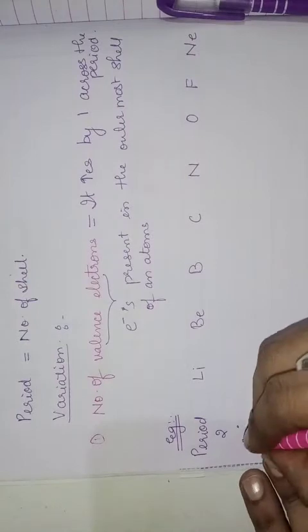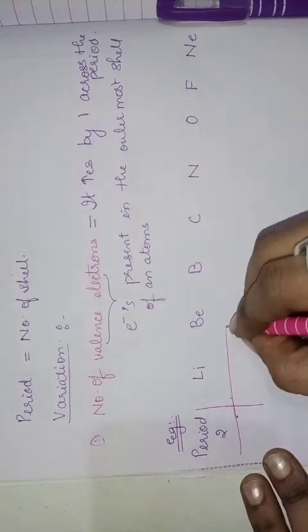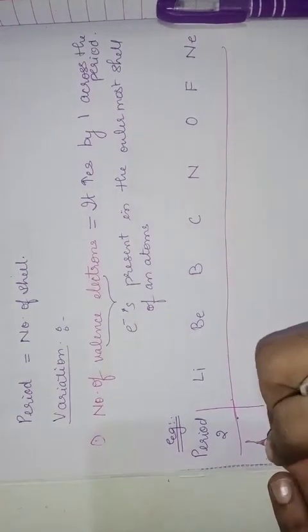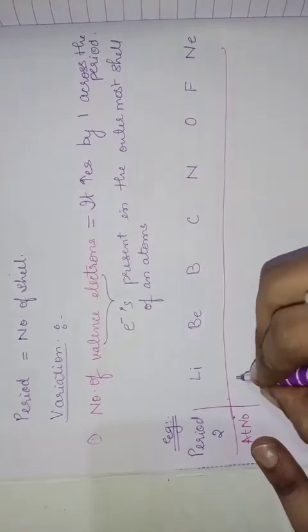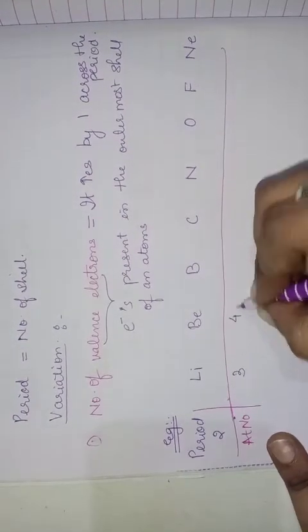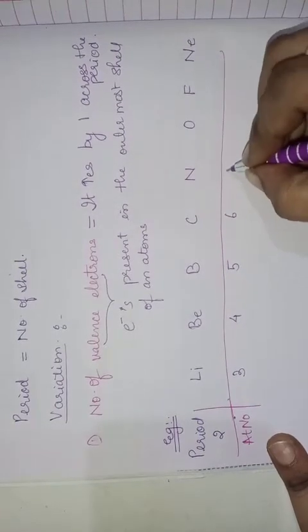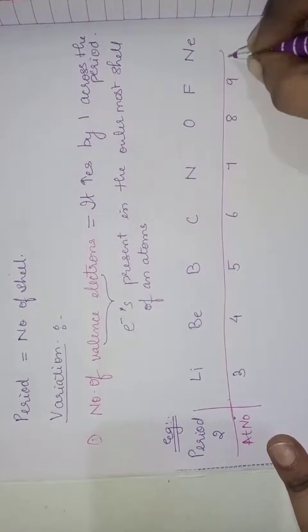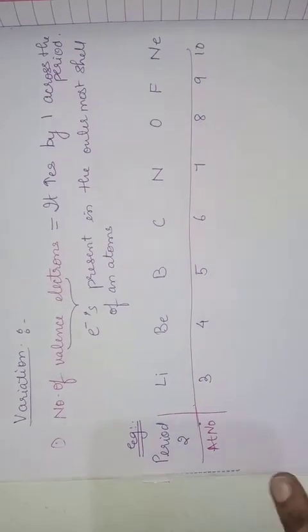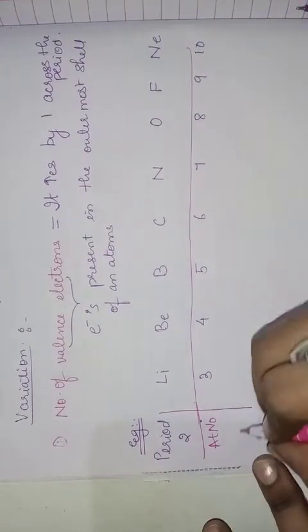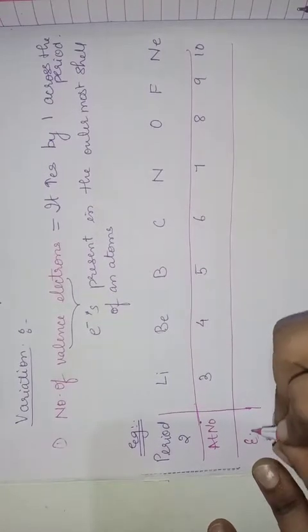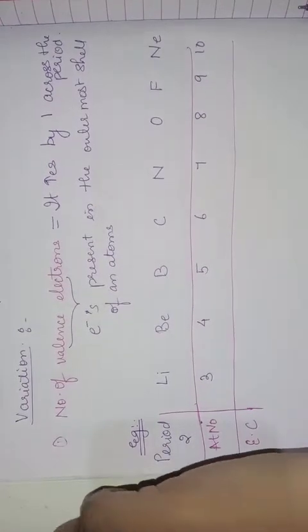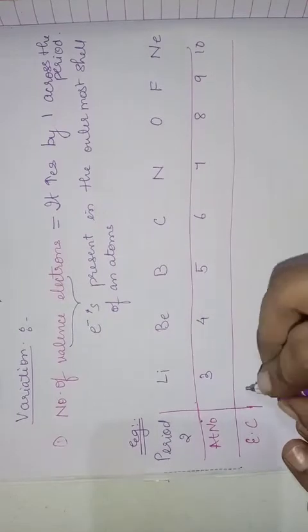Now, children, in period 2, let us see their atomic numbers. The atomic number of lithium is 3, beryllium is 4, then 5, 6, 7, 8, 9 and 10 successively. Now, when we distribute these electrons, that is the electronic configuration. What is the electronic configuration here, children?